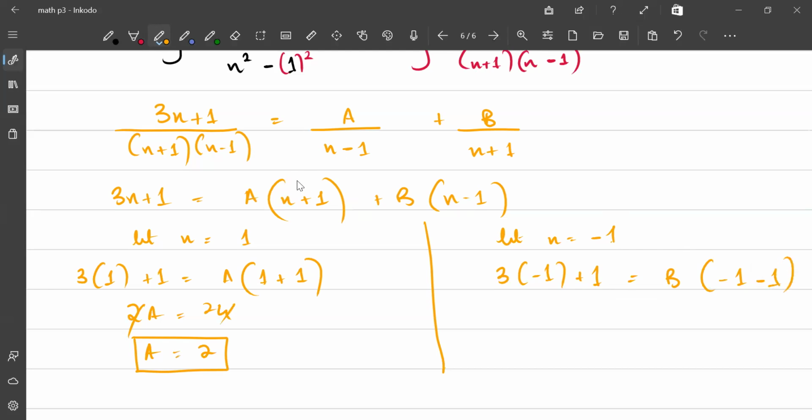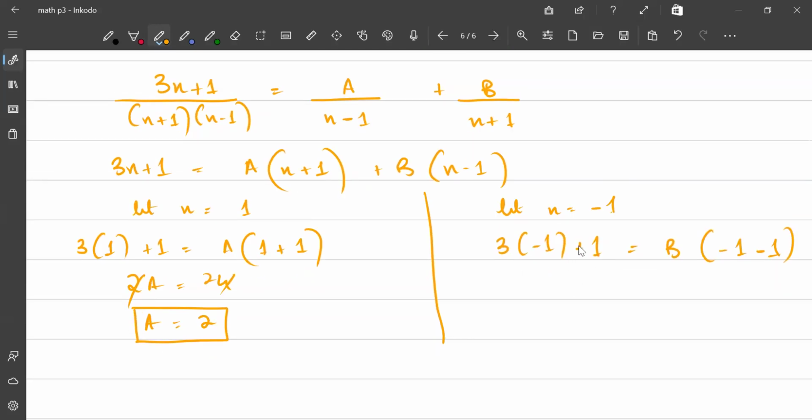There's no need to write this because this is 0 multiplied by a, which is eventually 0. All right, so we get minus 2 here and minus 2b. Minus minus cancels out, this cancels out. b is equal to 1. All right, b is equal to 1.